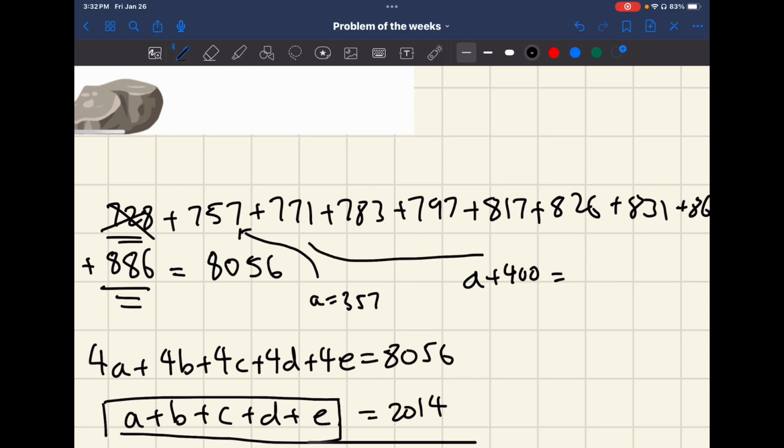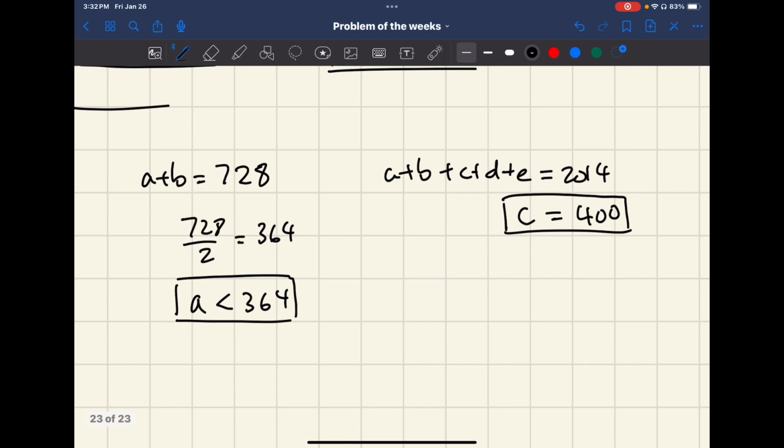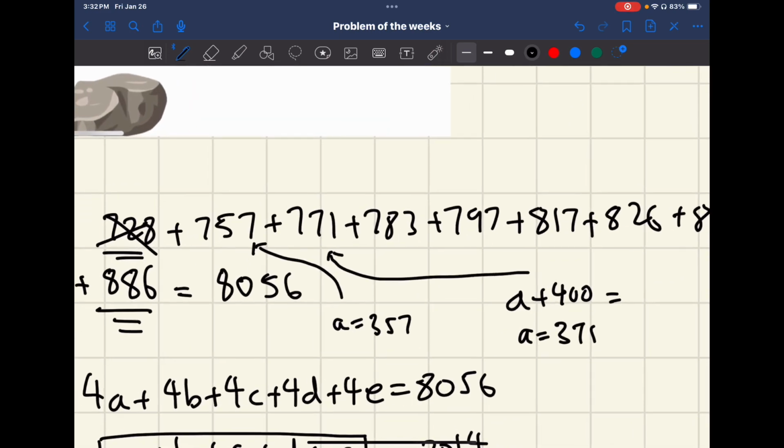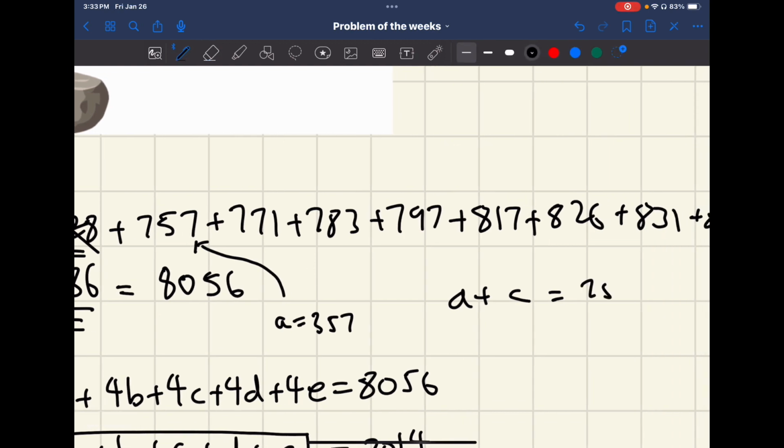Now, what if we say the sum is this? Well, then A is going to equal 371, which can't be true because, as we see below, A has to be less than 364. So of all these sums, the only one that is going to be A plus C and satisfy these conditions is 757.